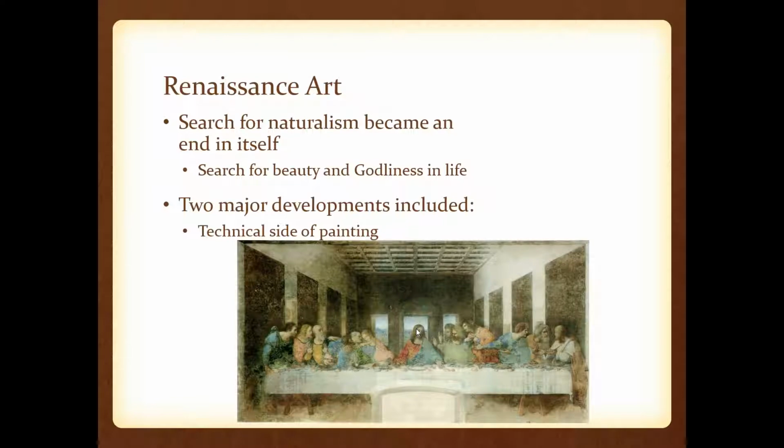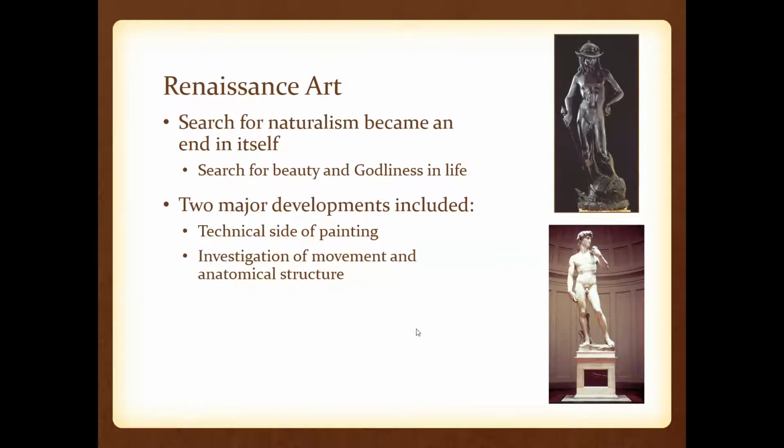And speaking of movement, that's the other big part: the investigation of movement and anatomical structure. Like I said, the Renaissance ideals were moving away from the Latin, and in that regard, you're also moving away from Romanesque sculpture, which is all about the perfect form.